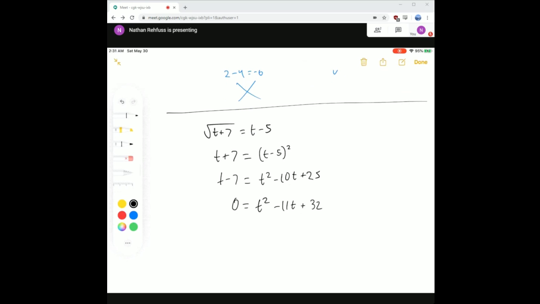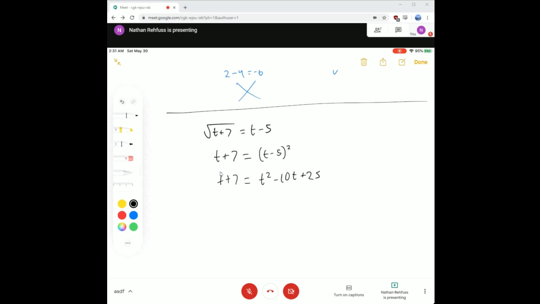So I'm looking for two numbers that add up to -11 and multiply to +32. Oh, whoops. Jeez, Nathan. That's impossible, of course, because I copied down the problem wrong.